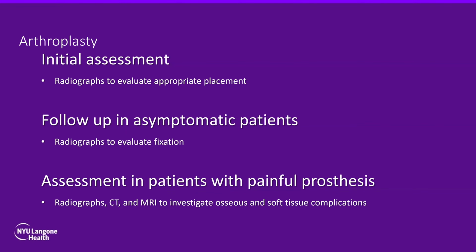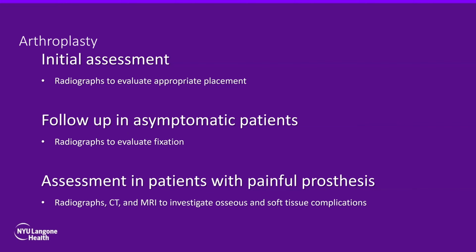Radiographs in arthroplasty are basically the number 1, 2, and 3 modality of choice. We use radiographs for initial assessment right after the surgery to make sure that our arthroplasty is appropriately positioned.